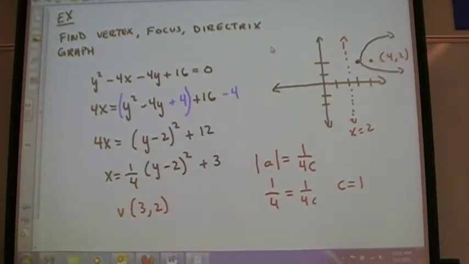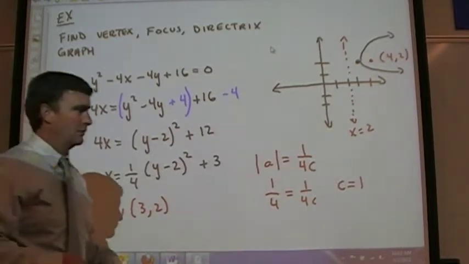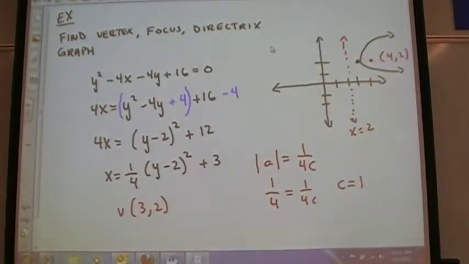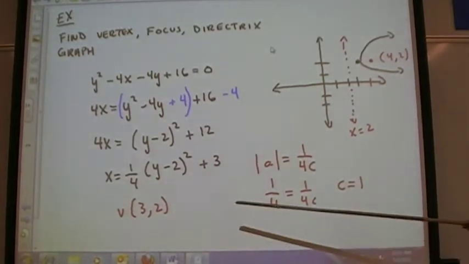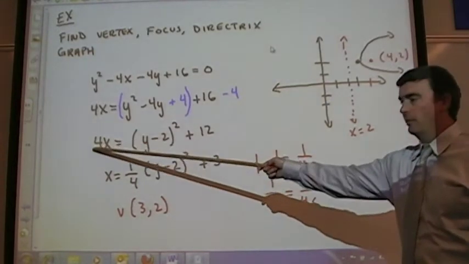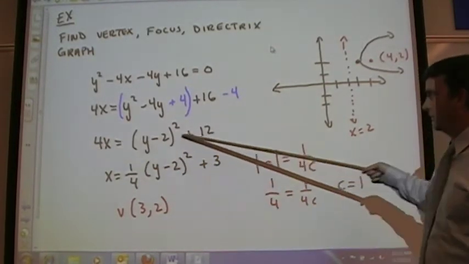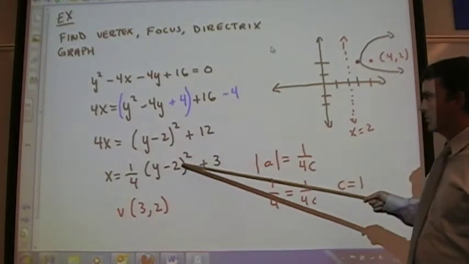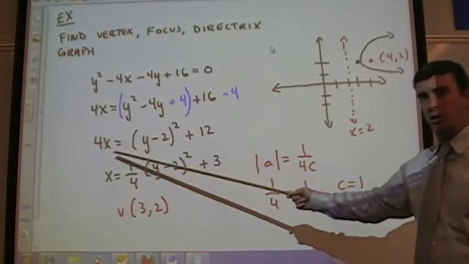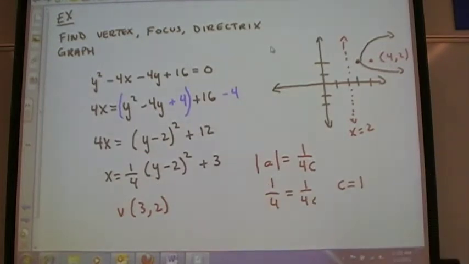This becomes 12. And then all you do is get rid of the 4 by dividing everything by 4. So it becomes 1/4 (y minus 2) squared plus 3, which is your equation of the parabola.